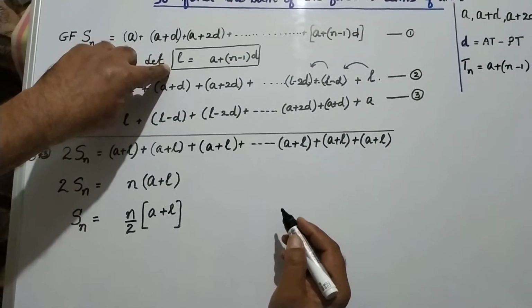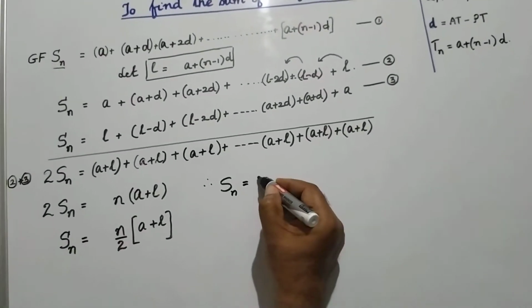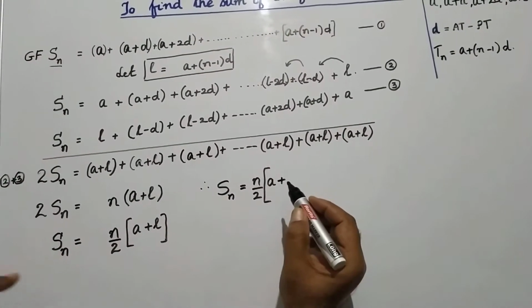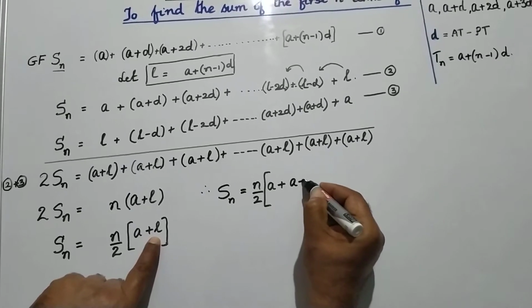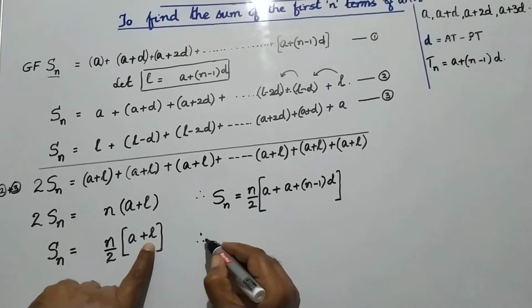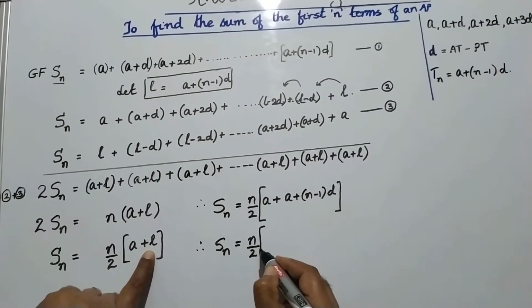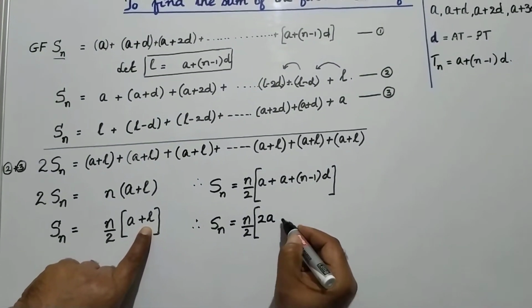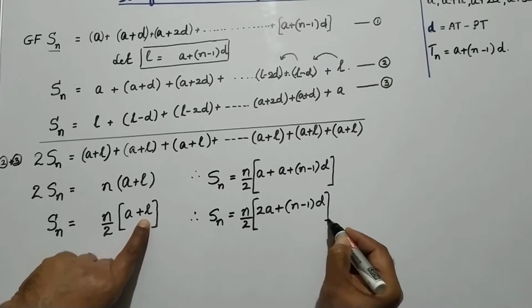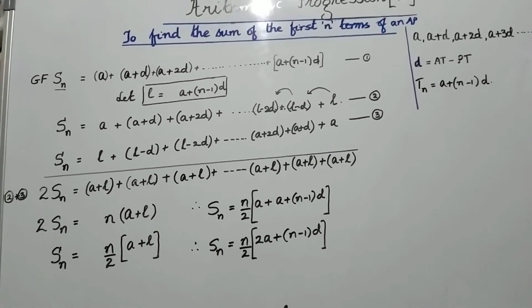L is equal to A plus n minus 1 into D. Therefore, sum to n terms is equal to n by 2 into A plus, instead of L, I will write A plus n minus 1 into D. Therefore, sum to n terms is equal to n by 2 into 2 times A plus n minus 1 into D. So this is the formula which is used to find the sum of the first n terms of an AP.